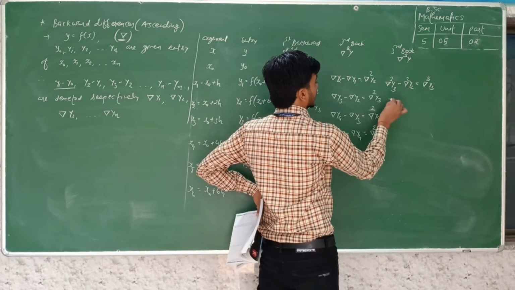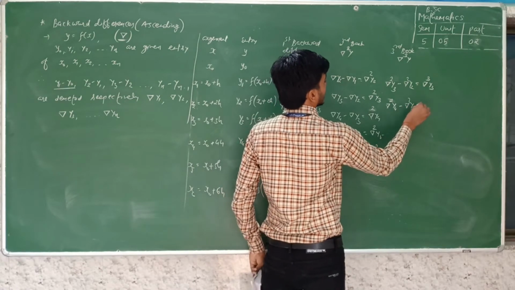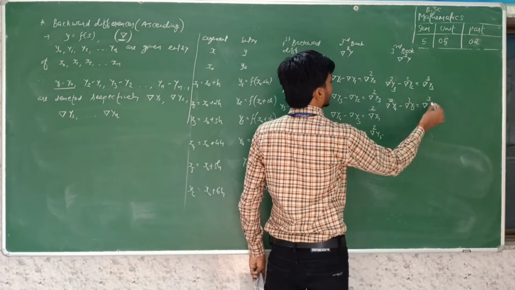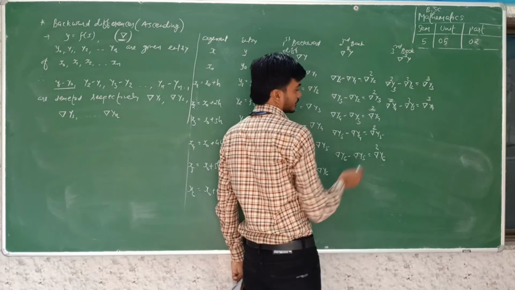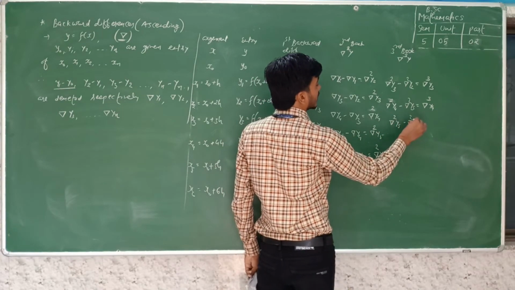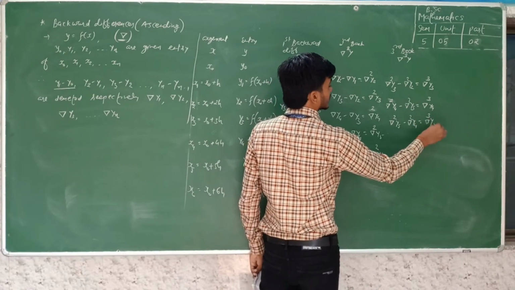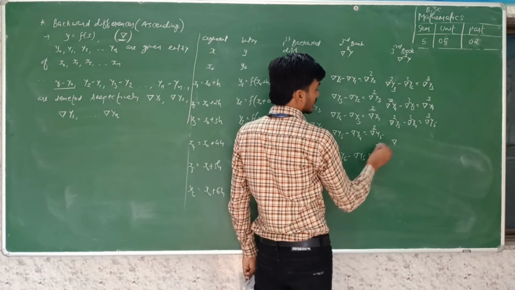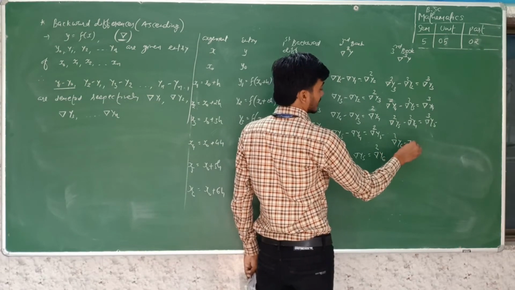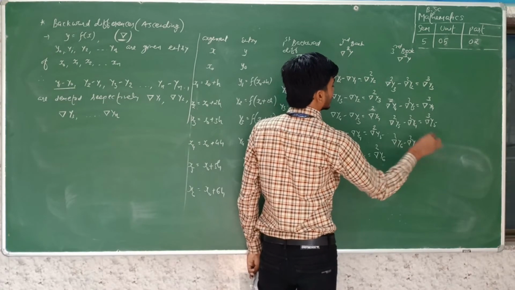Nabla square y4 minus nabla square y3 is the third backward difference of y4. Nabla square y5 minus nabla square y4 is nabla cube y5. Nabla square y6 minus nabla square y5 is the third backward difference of y6.